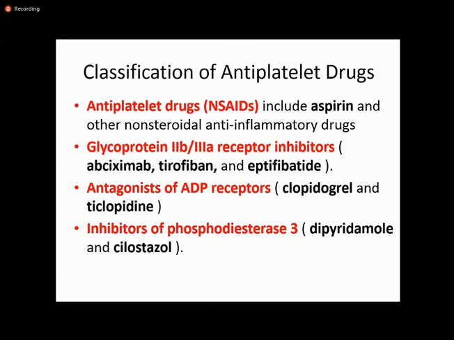Then antagonists of adenosine diphosphate receptors, clopidogrel. This is the drug that is used extensively in our clinical wards, cardiac wards. Then inhibitors of the phosphodiesterase 3 enzyme, dipyridamole and cilostazol. So this is the general classification, and from the exam point of view, you must know it.